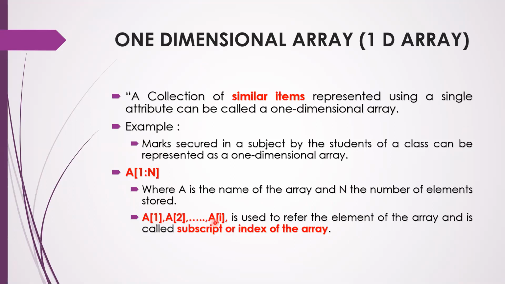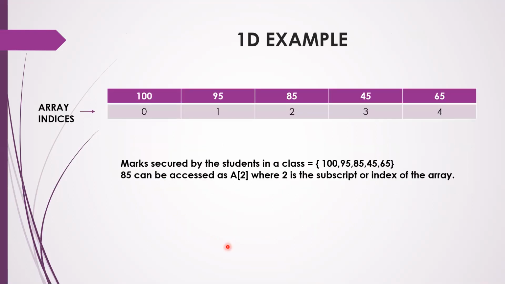So this is used to represent the index of the array. For example, I have the marks of 5 students, stored in the corresponding memory locations 0, 1, 2, 3, 4. If I want to access the marks secured by the third student, which is stored in location 2, I have to access A of 2.